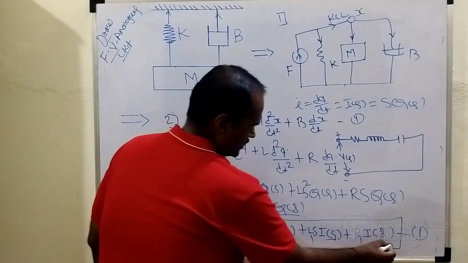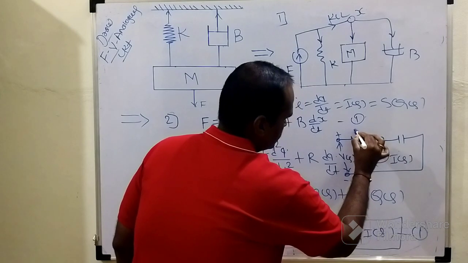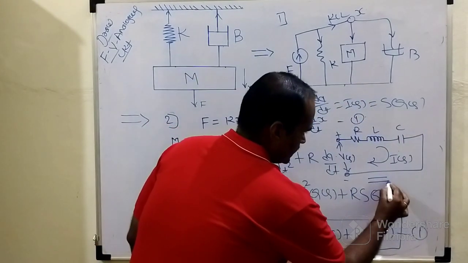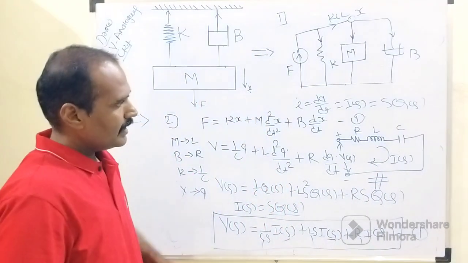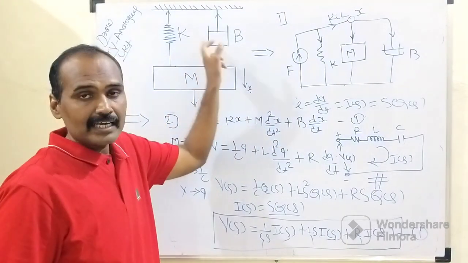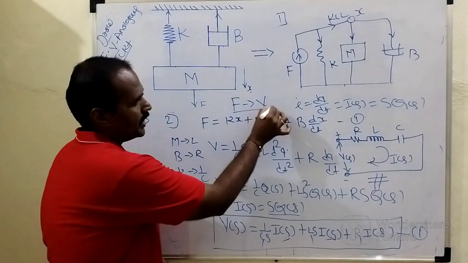I of s, I of s, and I of s. So this is R, this is L, and this is C. This is our final answer, the equivalent electrical circuit for the given mechanical system using the force-voltage analogy.